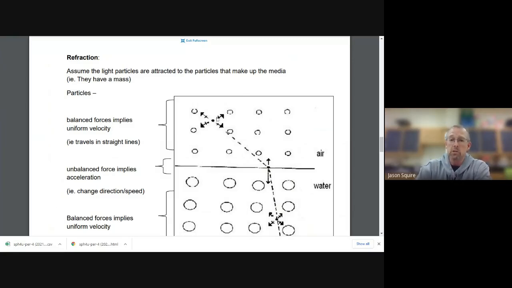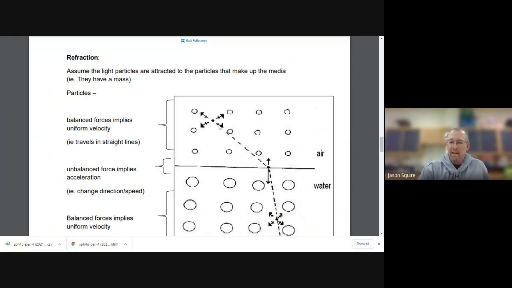Okay, that makes sense, because if a light particle is behaving like a particle and all other particles have mass, then these light particles have mass. Here is a light particle. So the top medium is air, the bottom medium is water. It is gravitationally attracted to every air molecule up here. It's attracted to this air molecule and this air molecule and this air molecule.